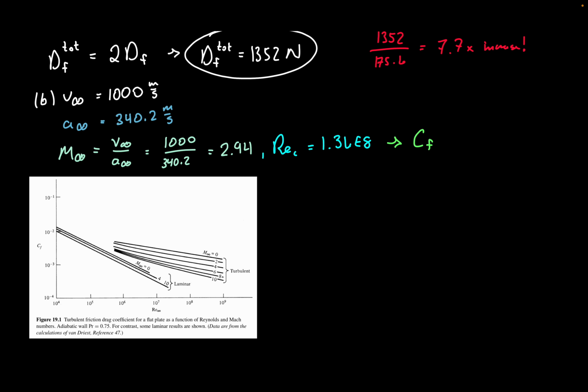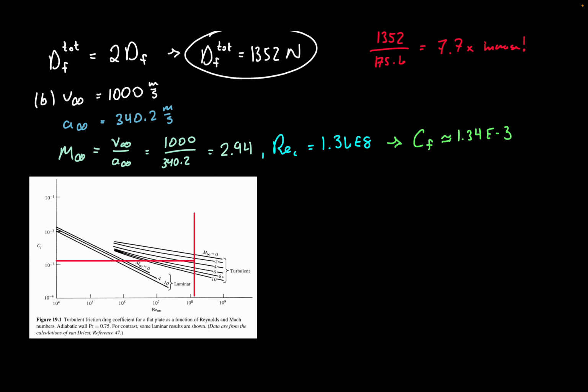I'm going to estimate it's about here-ish, give or take. And we have a Mach number of about 2.94, so we're going to be halfway-ish there, give or take. So for the coefficient of skin friction drag, that could be about, let's say, 1.34 times 10 to the negative 3.